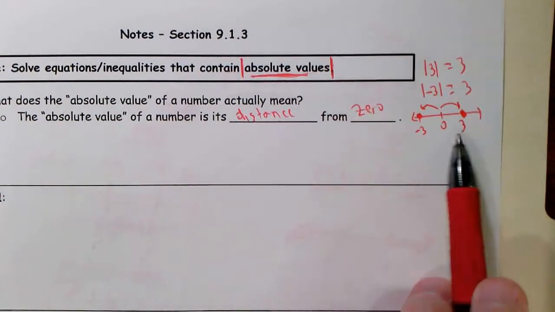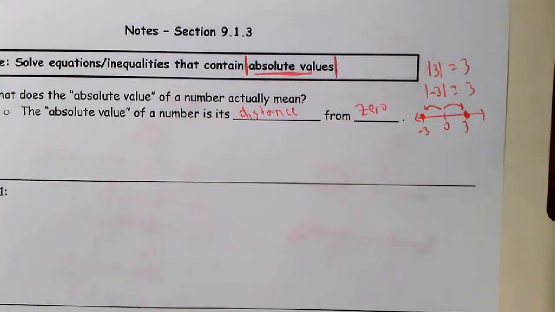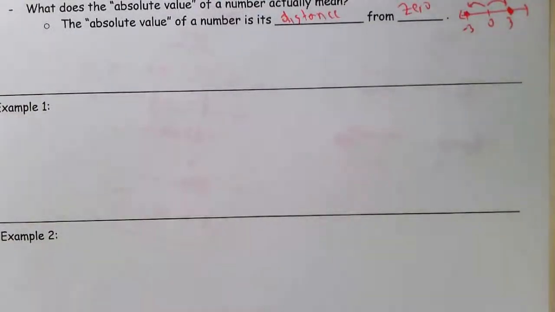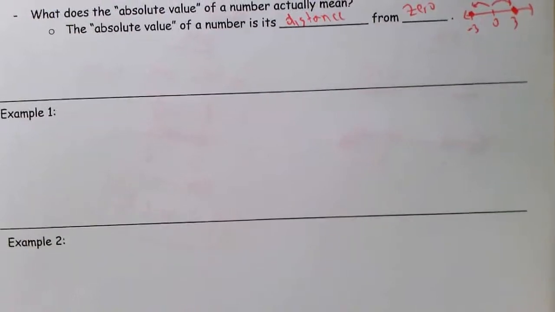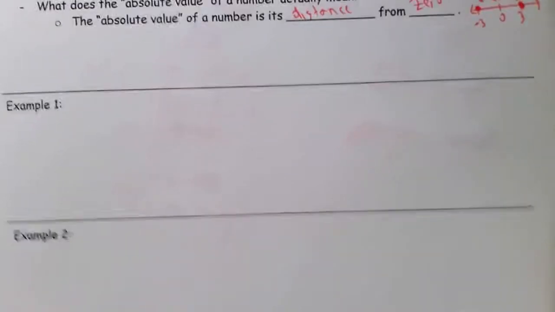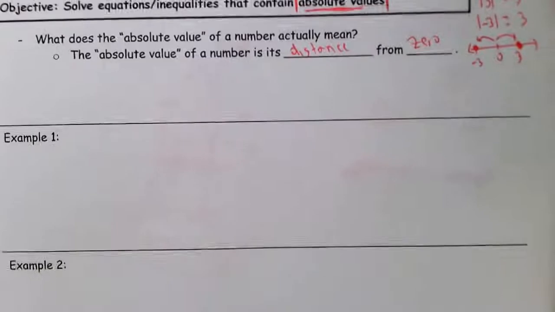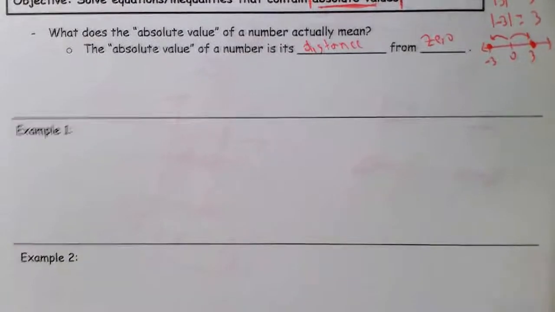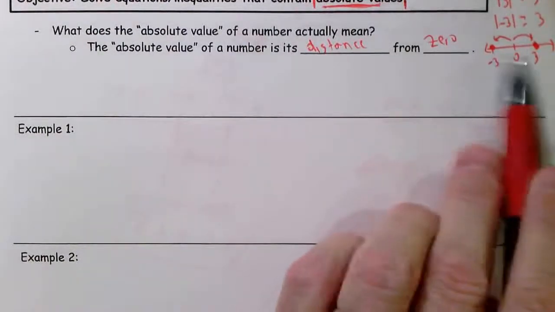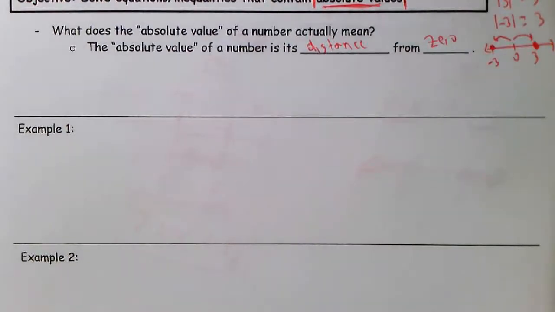And we can use a graph like this to help us solve these absolute value problems. Here we go. Let's look at example 1. I'm going to do a really easy problem, but I want you to see how the graph on the number line, like I did here, helps you solve this problem.